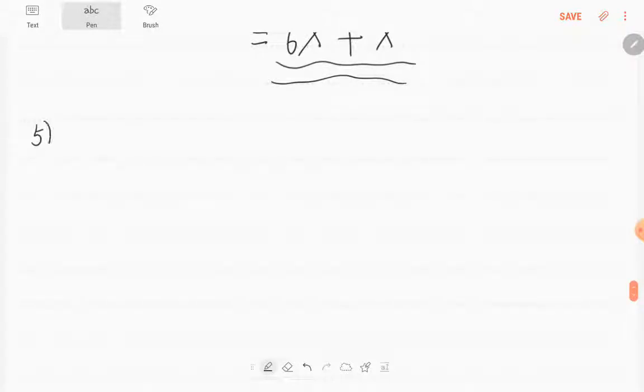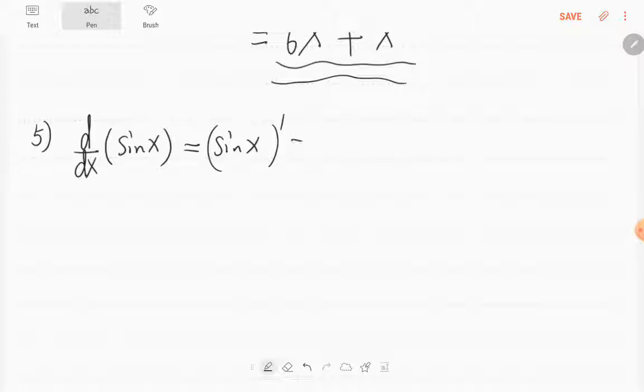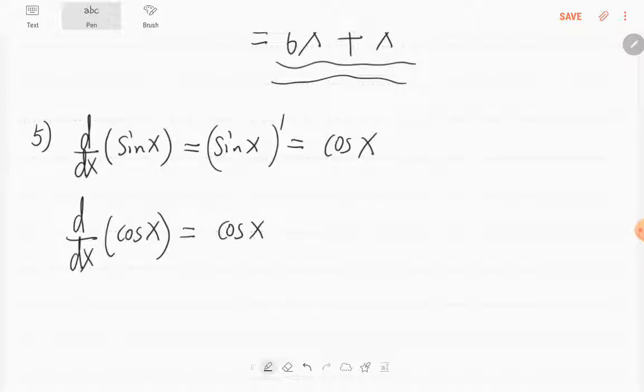Let's look at other rules about sine and cosine. The derivative of the sine function, sine x prime, is equal to cosine x. The derivative of cosine x, in prime form, cosine prime, is equal to negative sine x.